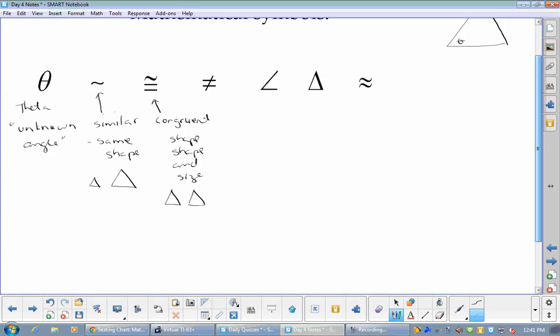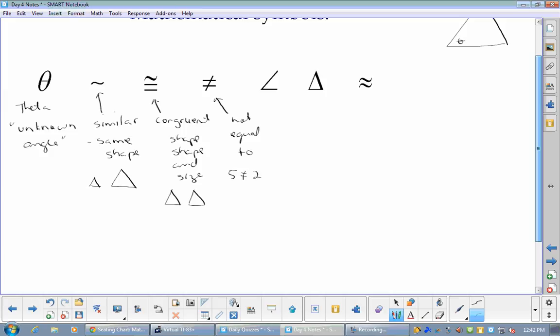They are the same identical shapes. This one here means not equal to. So 5 is not equal to 2. Simple statement.